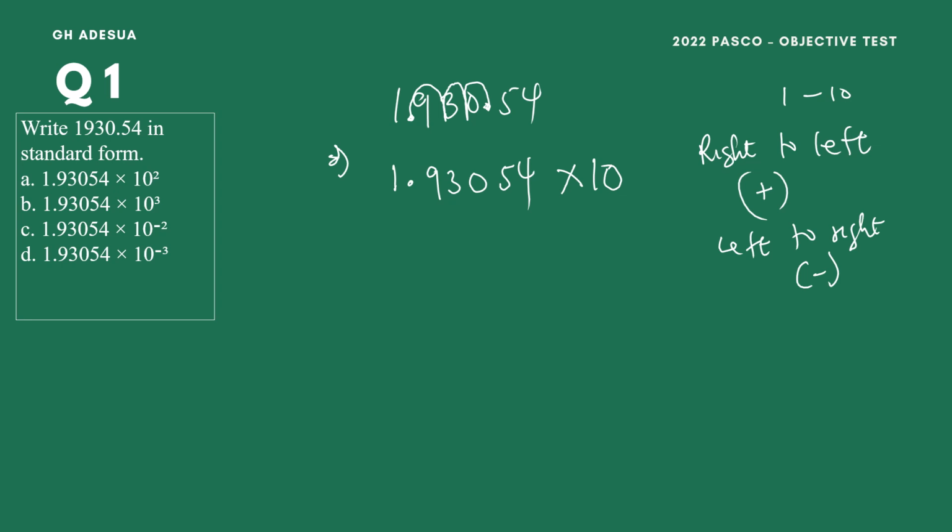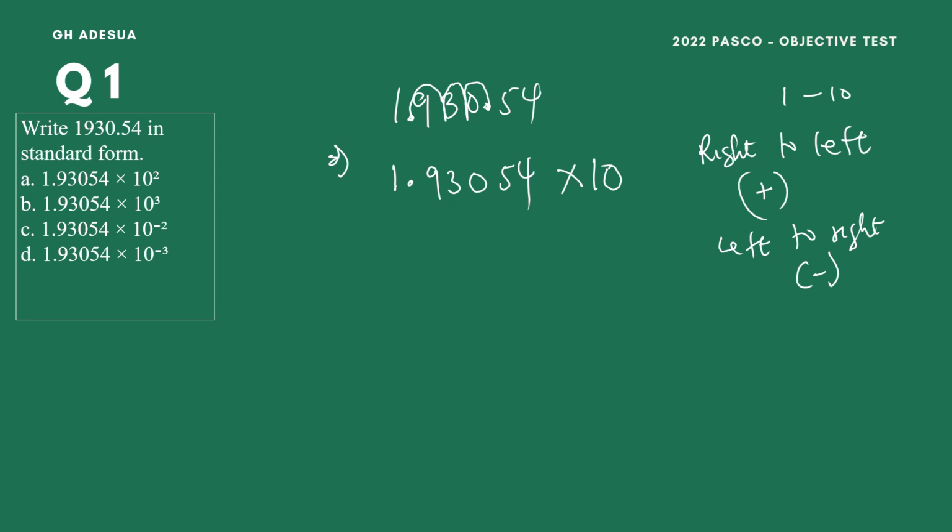And as we counted, as mentioned earlier, if we move our point from right to left, it is positive, and from left to right is negative. Since we moved it from right to left, we are going to have it to be positive, and we have 1, 2, 3.